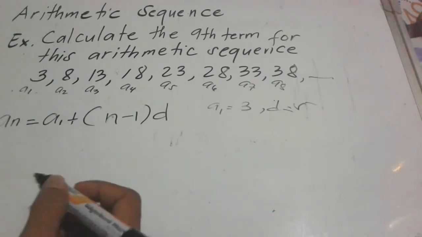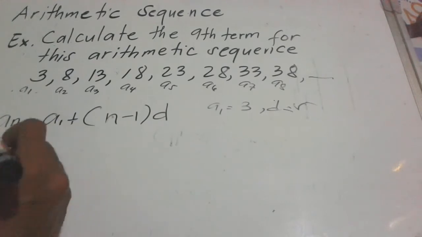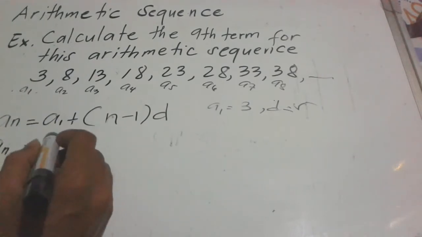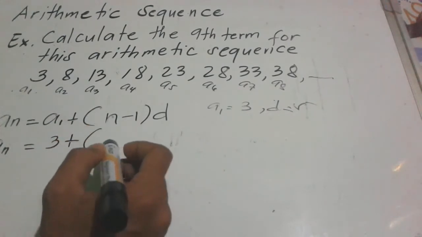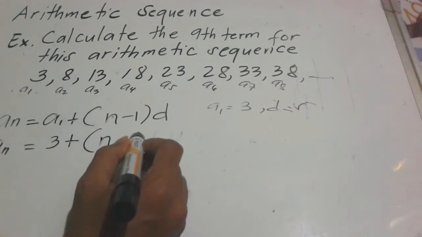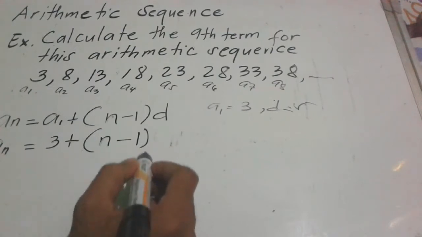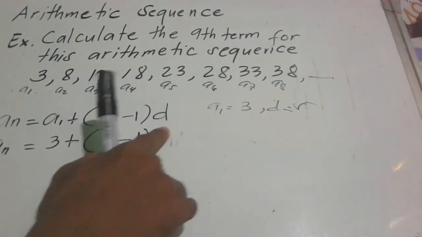Okay, so next, substitute natin. a sub n. Ang first term natin is 3 plus quantity n minus 1, and then ang common difference natin ay 5.